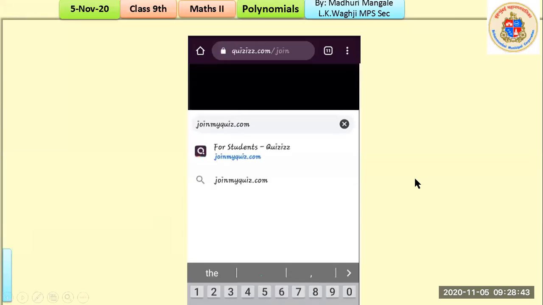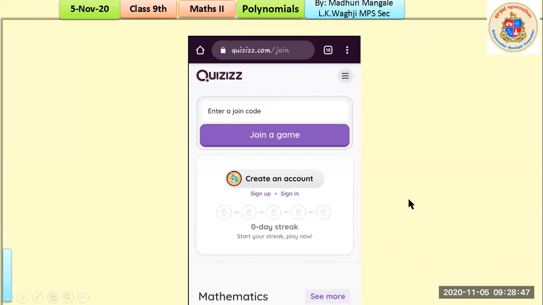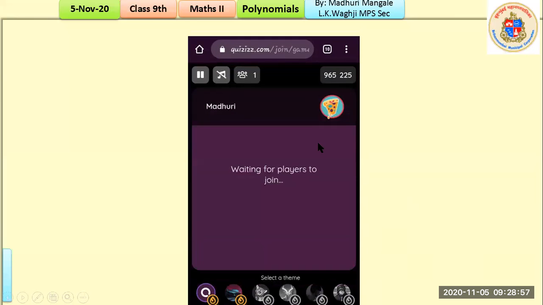Once you click on that, you will be directed to a page like this, quizzes, and then you will get an option to enter the code. I will be giving you the code, and then it will ask you for your name. Once you enter the name, you would be here on the dashboard. So everyone, please Google joinmyquiz.com.